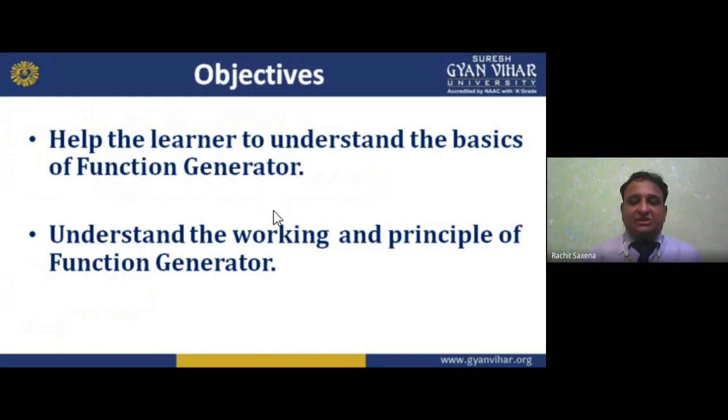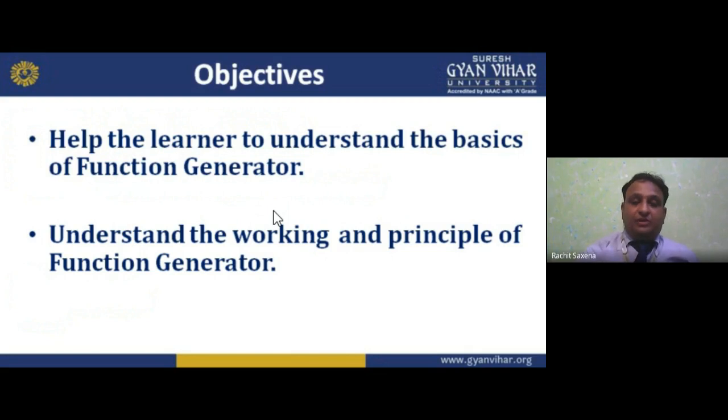As per the name, a function generator is an instrument which gives you output in the form of a function. Understand the working and the principle of how it works. If there is no principle, then how would it work? So we are going to study all these things. This is the objective of this lecture.